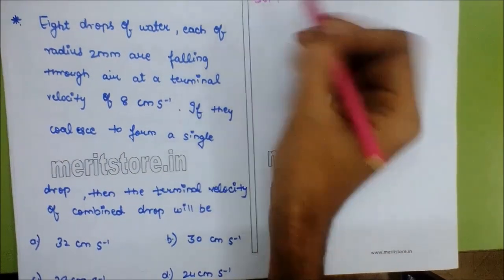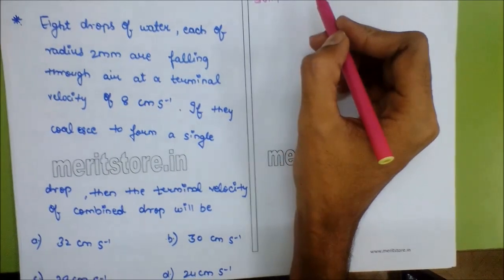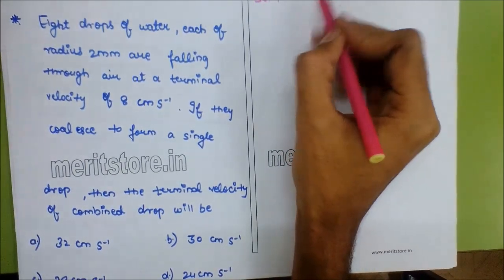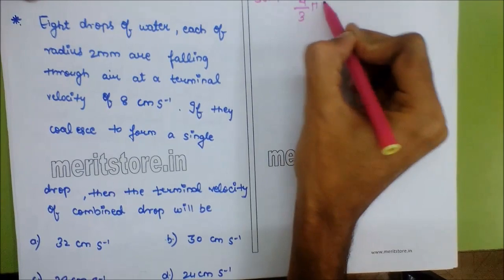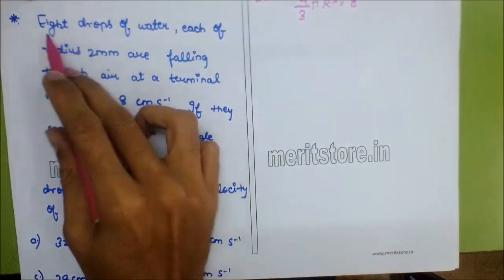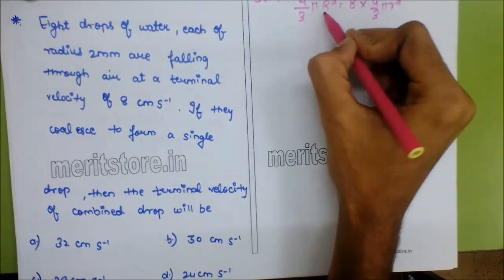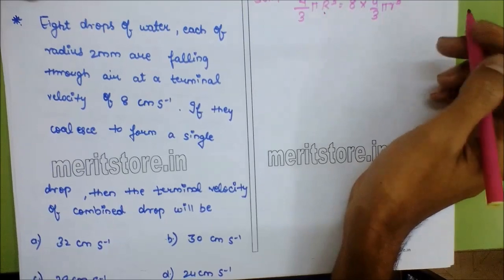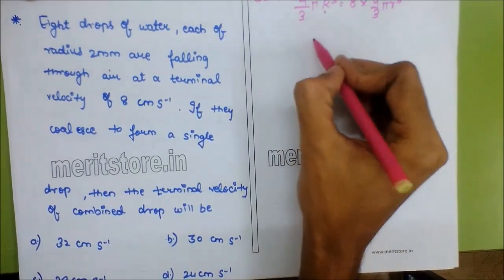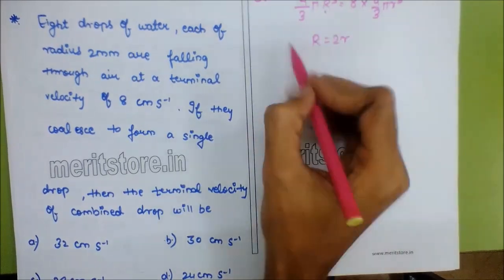The solution is that the volume of the bigger drop which will be forming will be equal to 8 times the volume of the smaller drop. We are using R capital for the bigger drop, small r for the smaller drop. By cancelling out, we get R is equal to 2 times the small r. Now we come to the velocity.